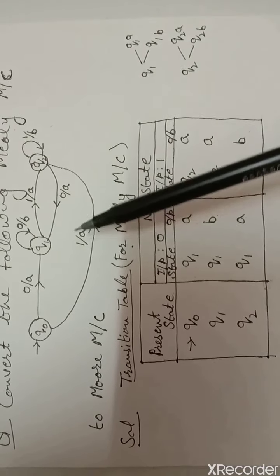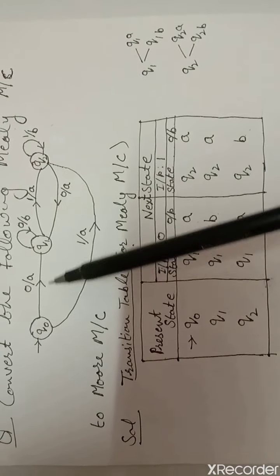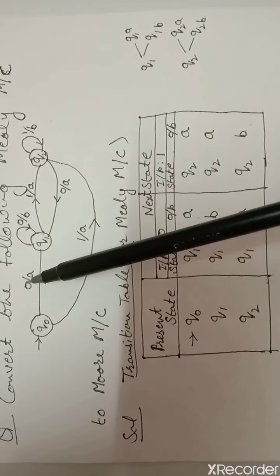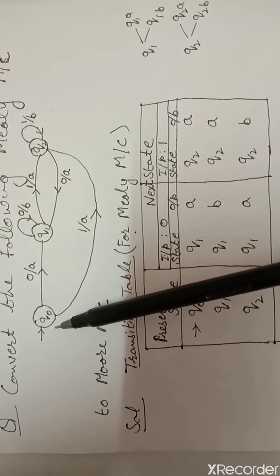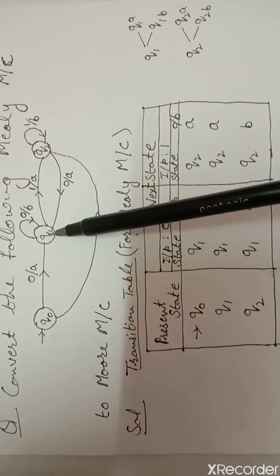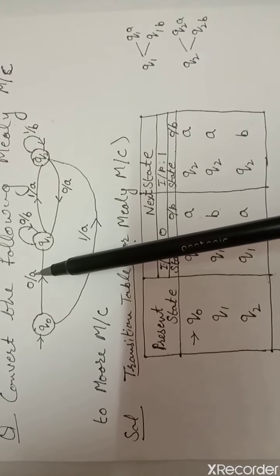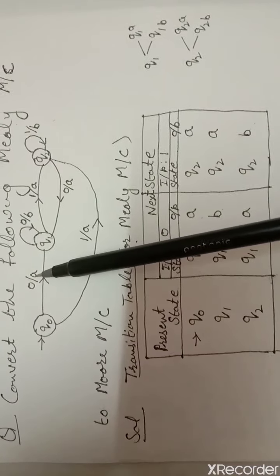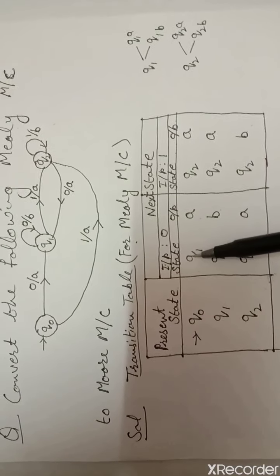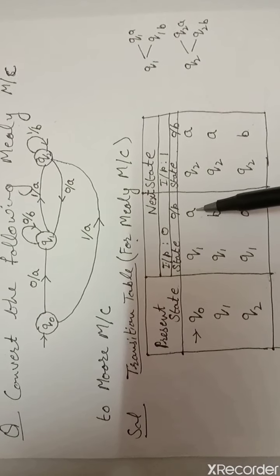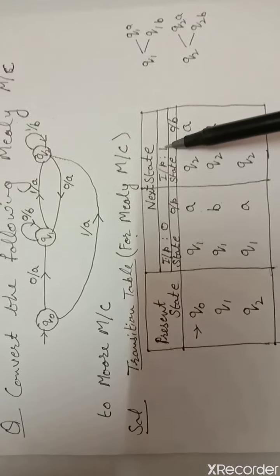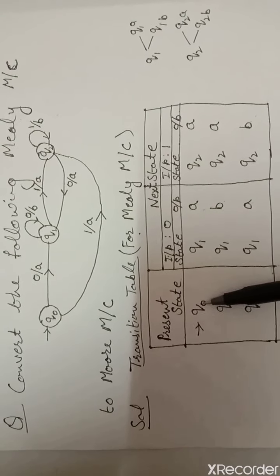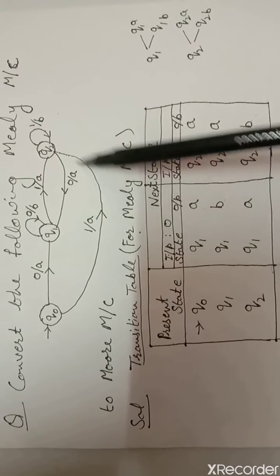So from this diagram, you can see with 0 as input, Q0 moves to Q1 and it is producing output A. So Q1 and producing output A. With 1 as input, Q0 moves to Q2.